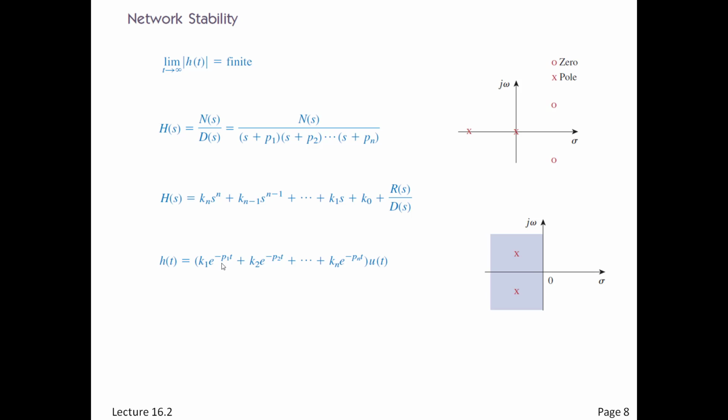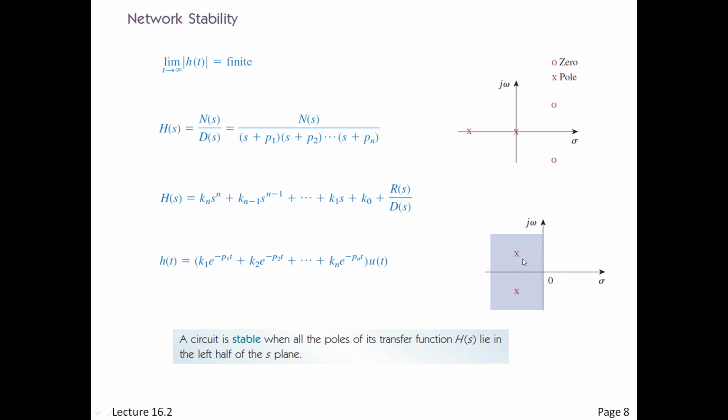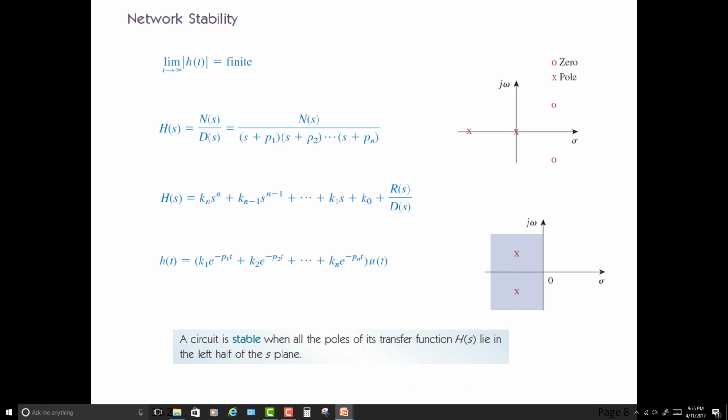All right, but if this pole lies over here in the right-hand plane, and this is kind of a conjugate pair here, but if this pole lies over here, the real part is positive.